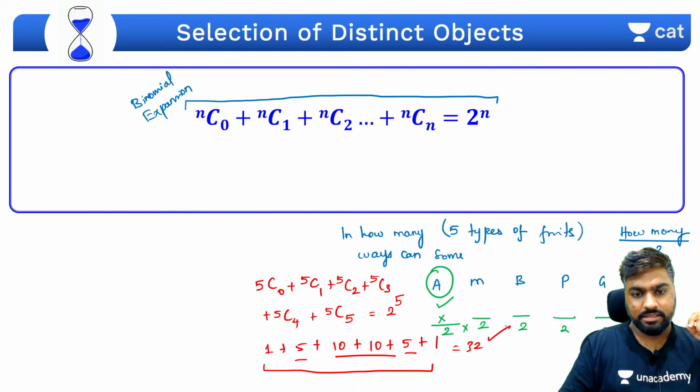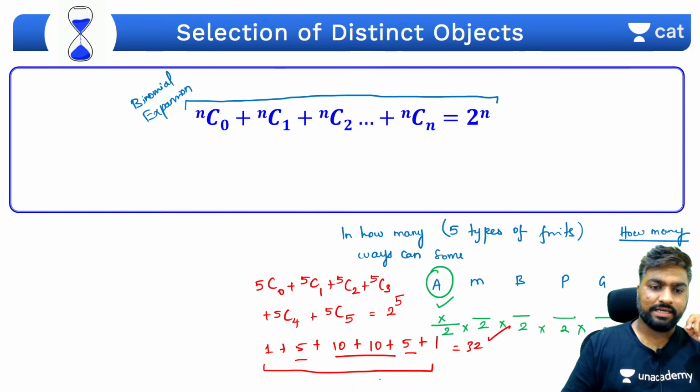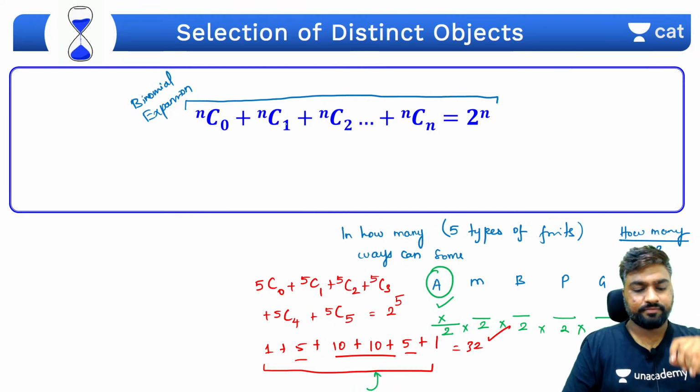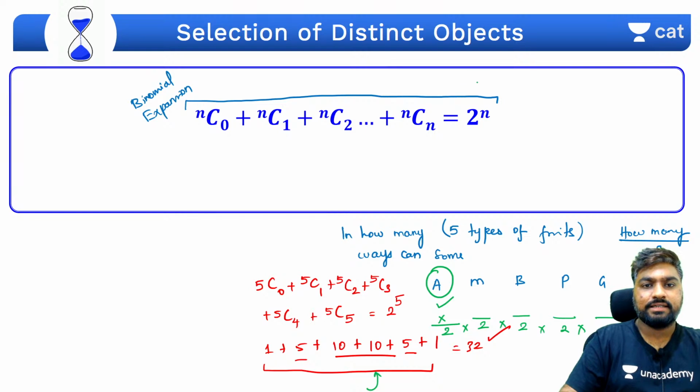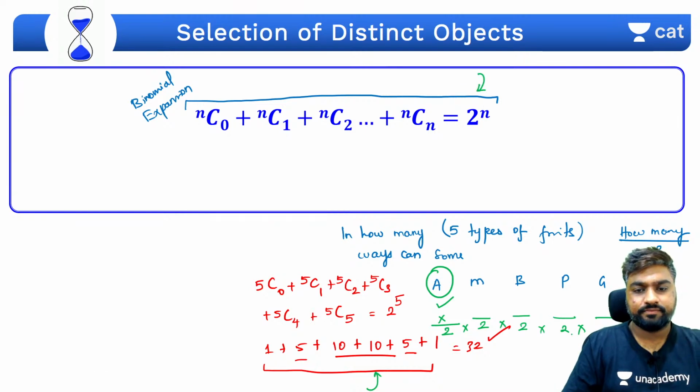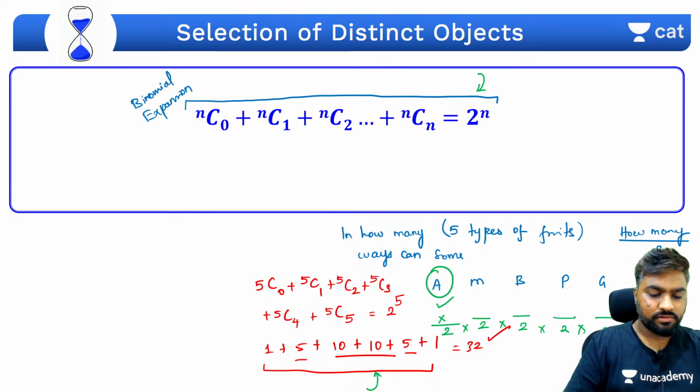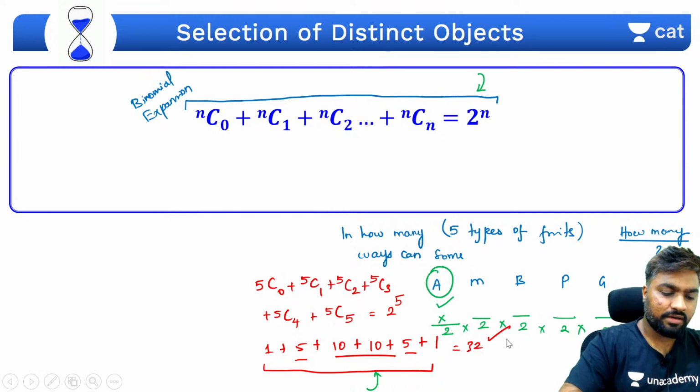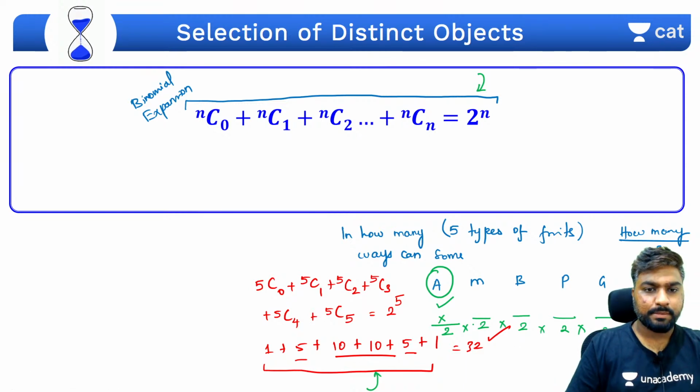This basically means for all the 5 fruits there are 2 to the power 5 outcomes. Are you able to understand this logic? Why is it equal to 2 to the power n? No confusions here, right? Guys, say yes or no if you are clear with this.